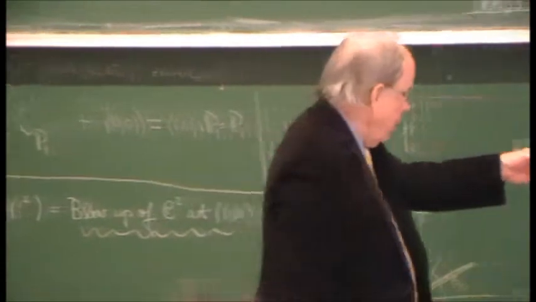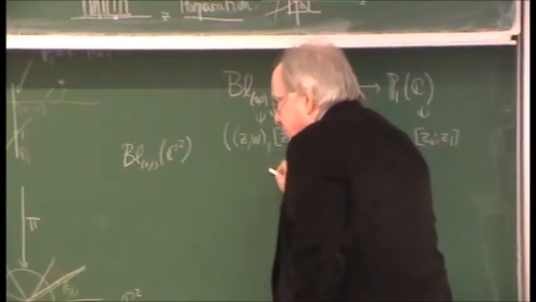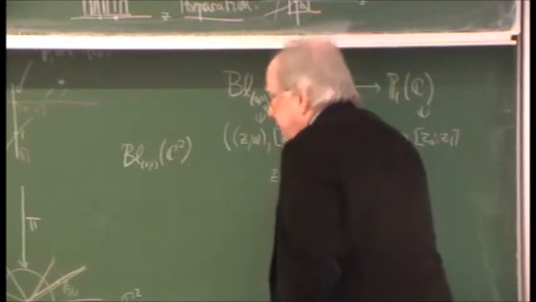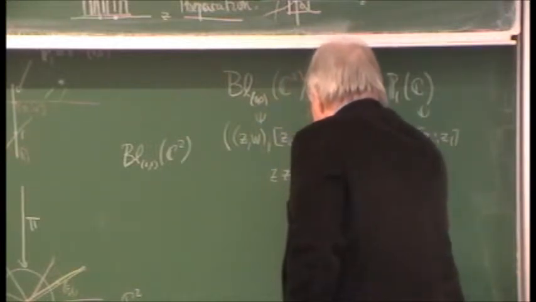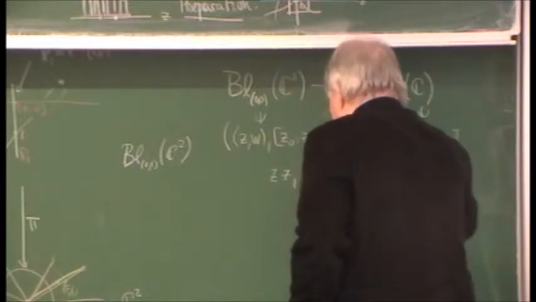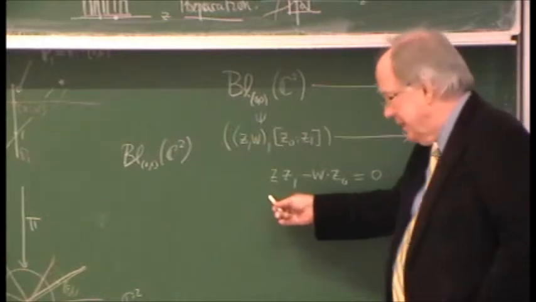But look at this. I take this mapping. What is the fiber of the mapping? So don't forget what the equation is here. The equation is z times z1 minus w times z0 equals 0. Well, you see what that is.